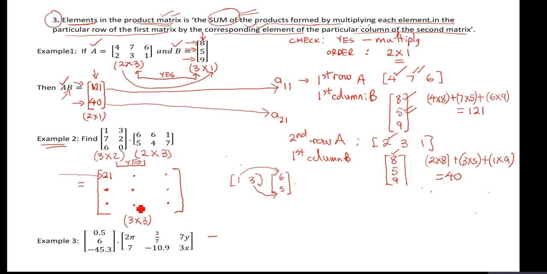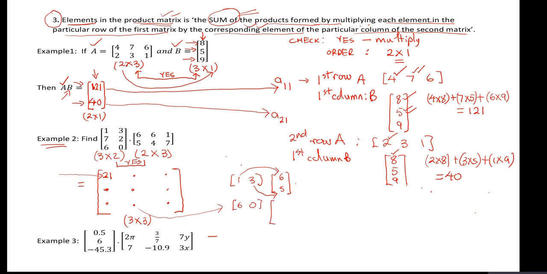What's the third row of the first matrix I'm multiplying? 6, 0. What's the second column of the second matrix? 6, 4. So this one here, let me just indicate it over here. To get that value, I multiply the third row of the first matrix, 6, 0.